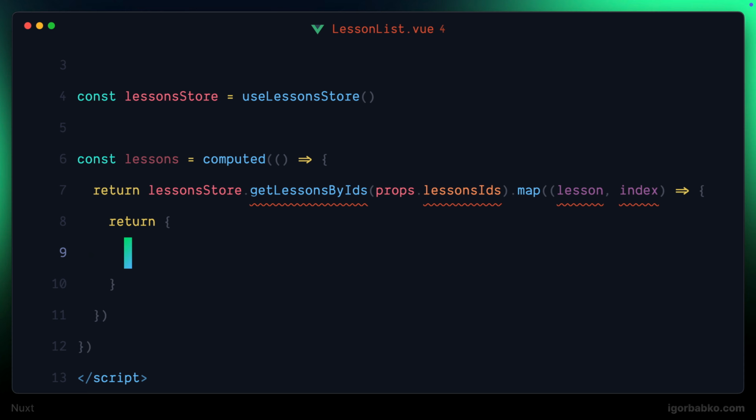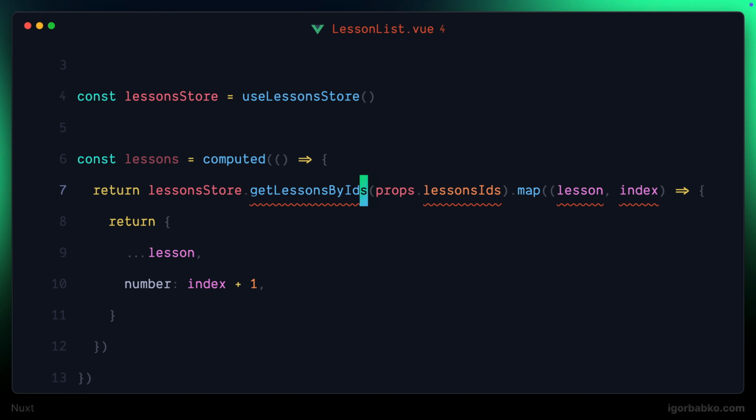So all we have to do in here is destructure the current lesson object to get all the properties of this lesson, plus we're gonna add one more number property, which will basically be the number of the particular lesson. All the lessons will be numbered from the first, so we'll have to add 1 to the index, otherwise lessons will be numbered from 0.